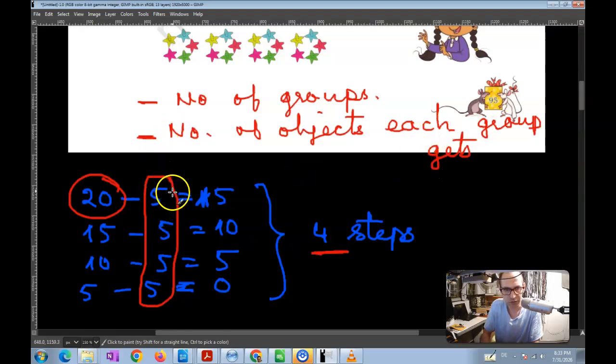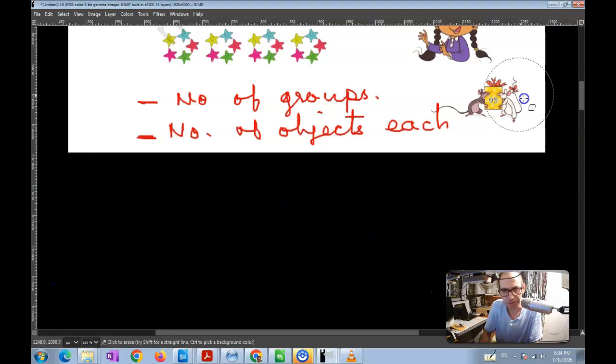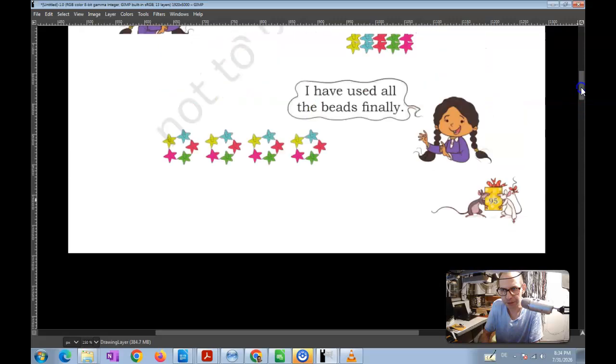So sometimes this constant number is going to be the first one, sometimes it's going to be the second one, and depending on this, the number of steps that you go through is going to be sometimes the number of groups, sometimes the number of objects, right? Now let's take a look at the next example here.